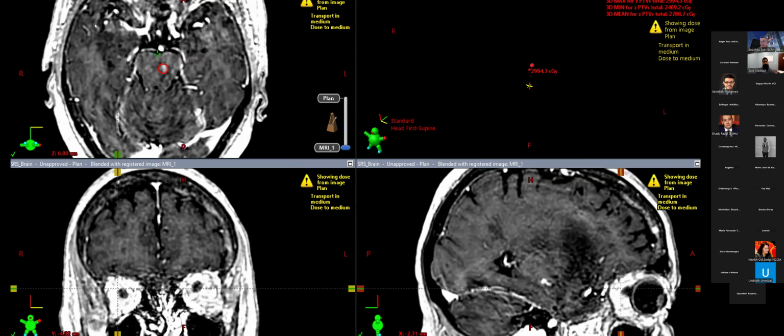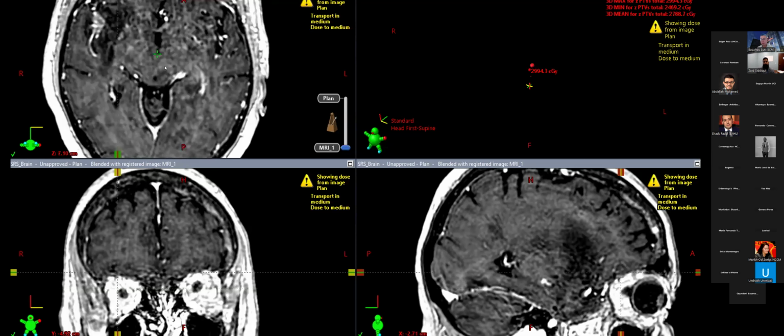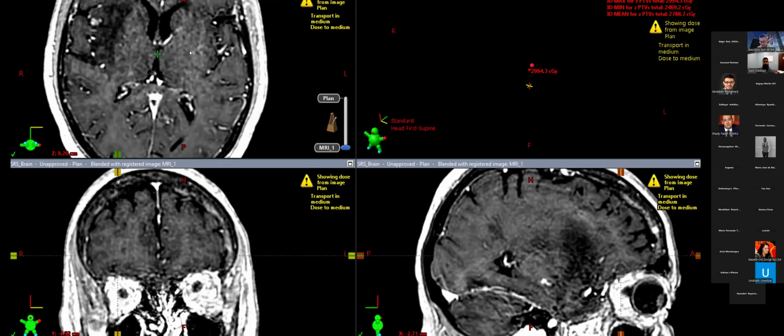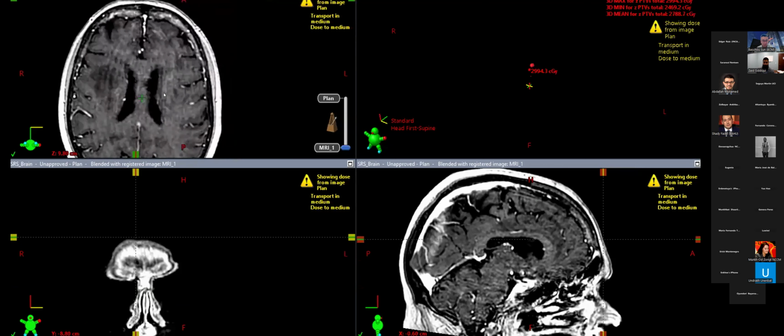Now, because with a Varian system and many other LINAC-based systems, we can use a single isocenter to treat multiple metastases at the same time. That means it's easier to treat all of them with the same number of fractions rather than having a separate plan just for this tumor up here for 9 gray times 3 fractions.